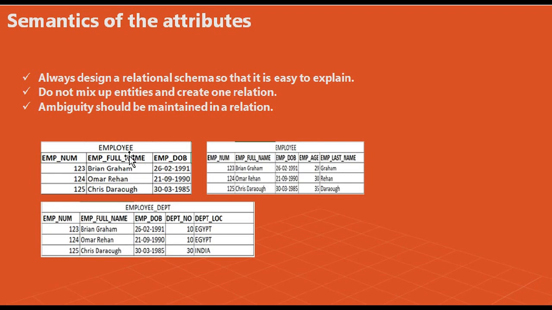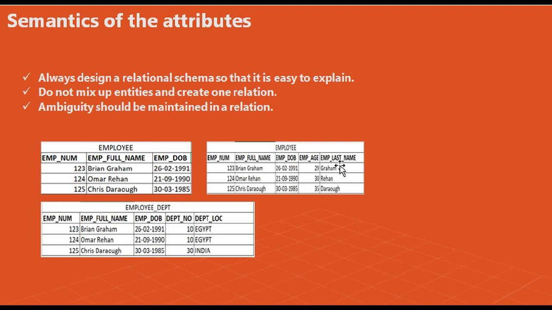Now come to the second employee table. If you observe it carefully, this also contains information about employee only. But look carefully at all the columns. The first column is employee number, second is employee full name, third is employee date of birth, the fourth one is employee age, and the last one is employee last name.